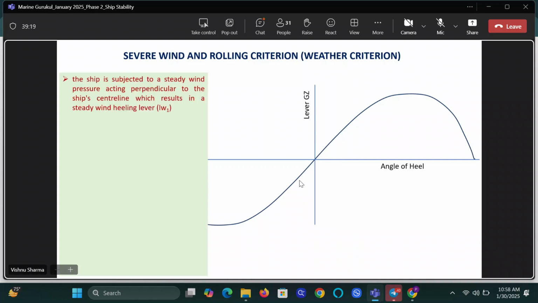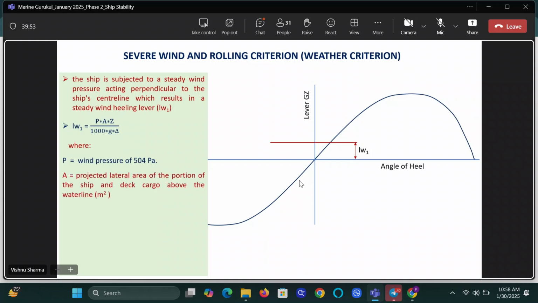Then comes here. The ship is subjected to steady wind pressure acting perpendicular to the ship's center line, which results in a steady wind heeling lever LW1. The formula for LW1 calculation has to be learned. It is PAZ upon 1000 upon g and displacement, where P is a wind pressure of 504 pascals, A is the windage area, Z is the distance from the centroid of the windage area to half the draft.